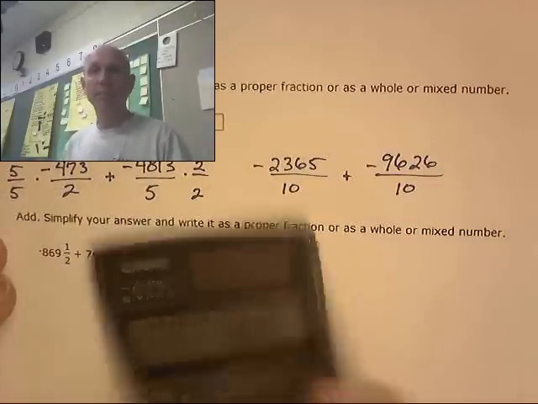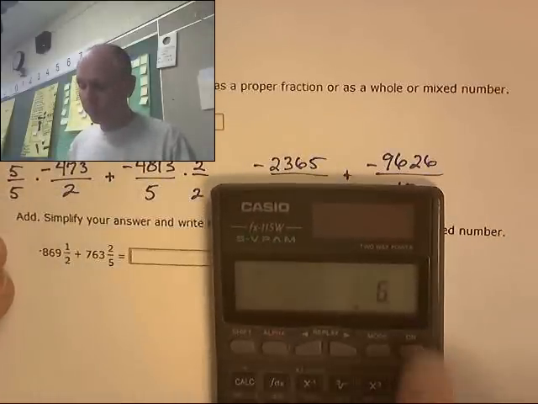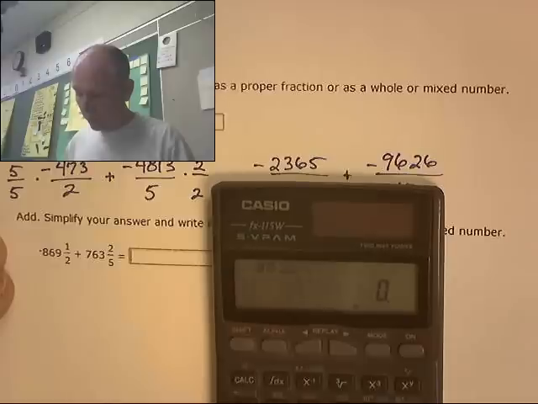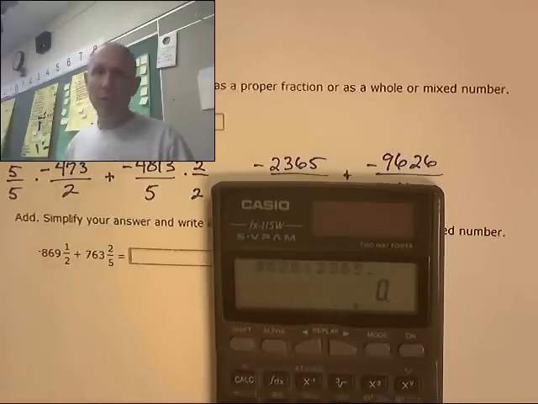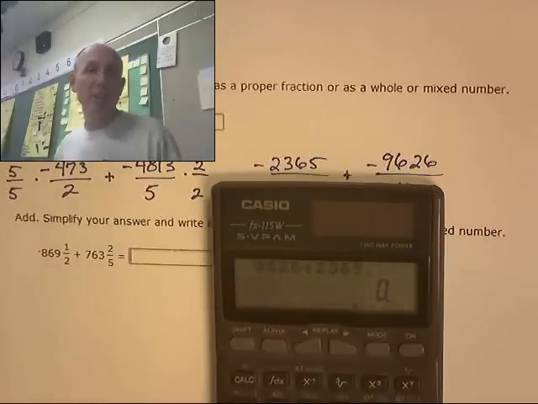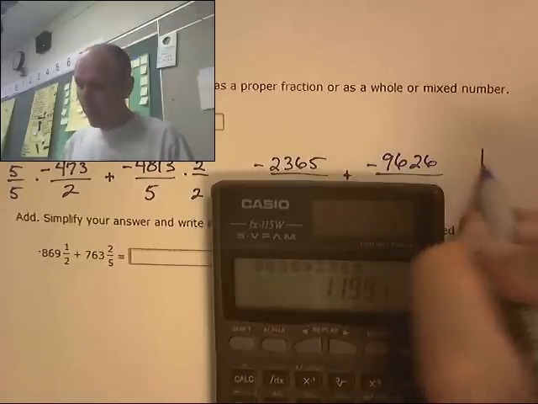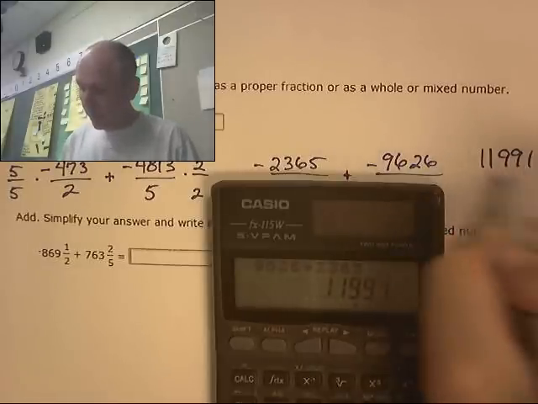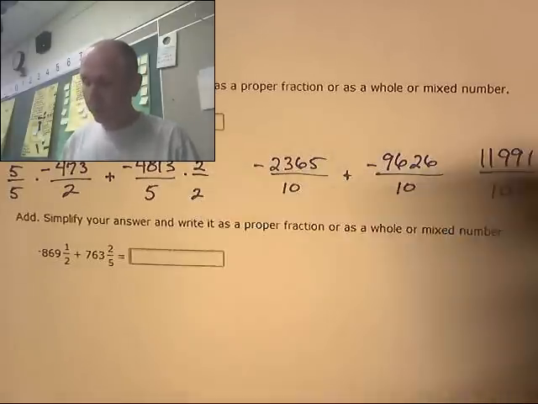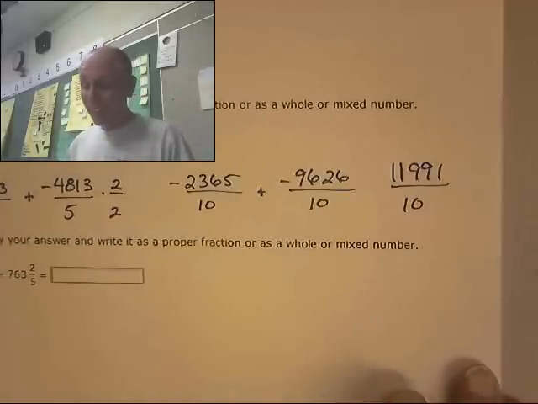Still keeping it negative. Doing the integer work, 9626 plus 2365. Notice I'm not using negatives, I'm keeping track of the negatives in my head. So now I'm at 11,991 tenths.